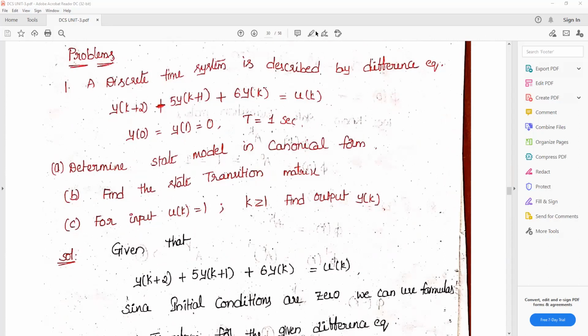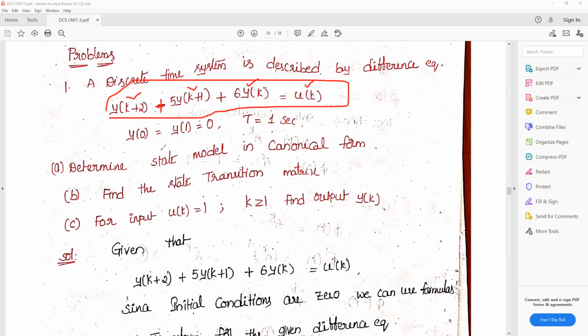A discrete time system is described by a difference equation. So they have given us a difference equation. What is the difference equation? y of k plus 2 plus 5 into y of k plus 1 plus 6 into y of k is equal to u of k.